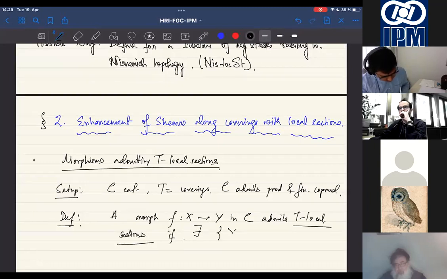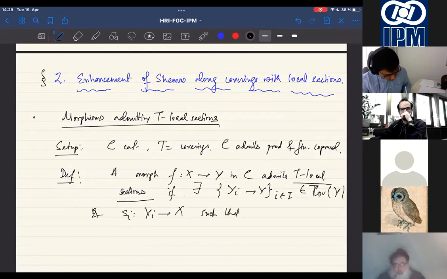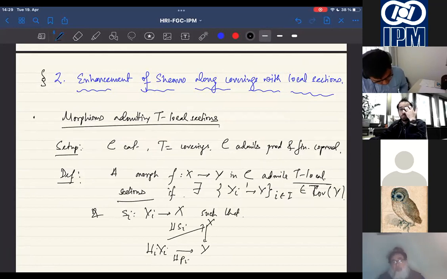there exists a covering of Y, with Y_i, and morphisms s_i from Y_i to X, such that if I consider the disjoint union of the Y_i over Y, over X, the disjoint union of the s_i and the p_i, this commutes.